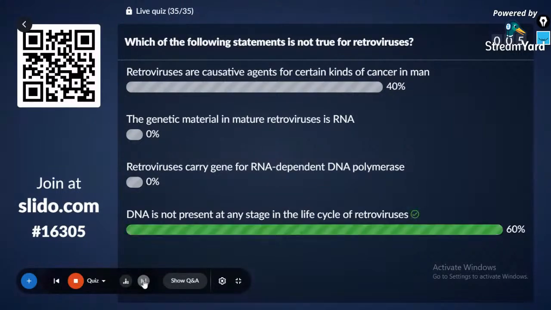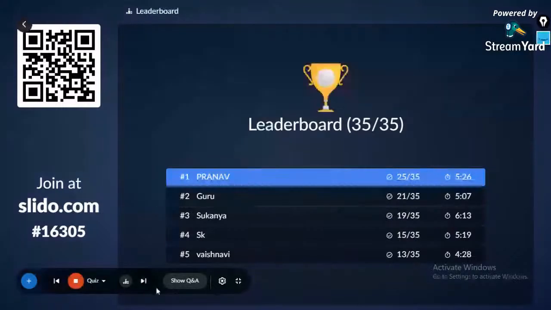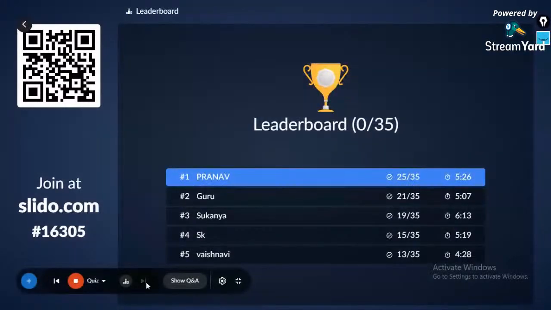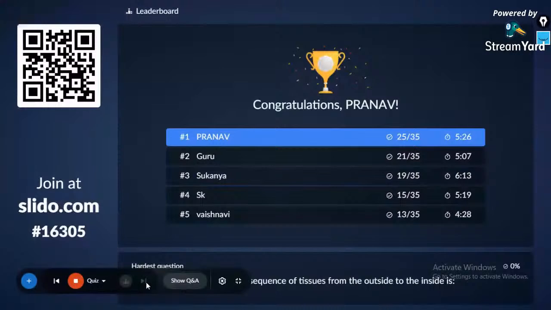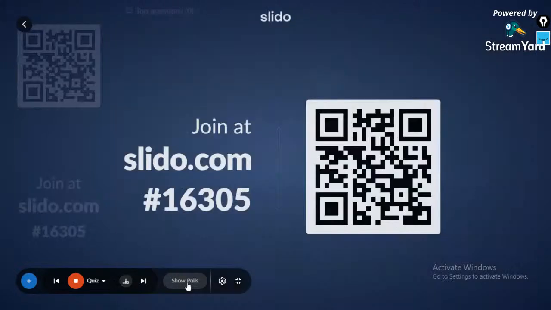Perfect. Leaderboard for the day. Oh my god. Pranav is the topper with 25 on 35, ten questions wrong. Guru 21 on 35. Suganya 19 on 35. SK with 15 on 35. Vaishnavi with 13 on 35. Any questions and answers for me?